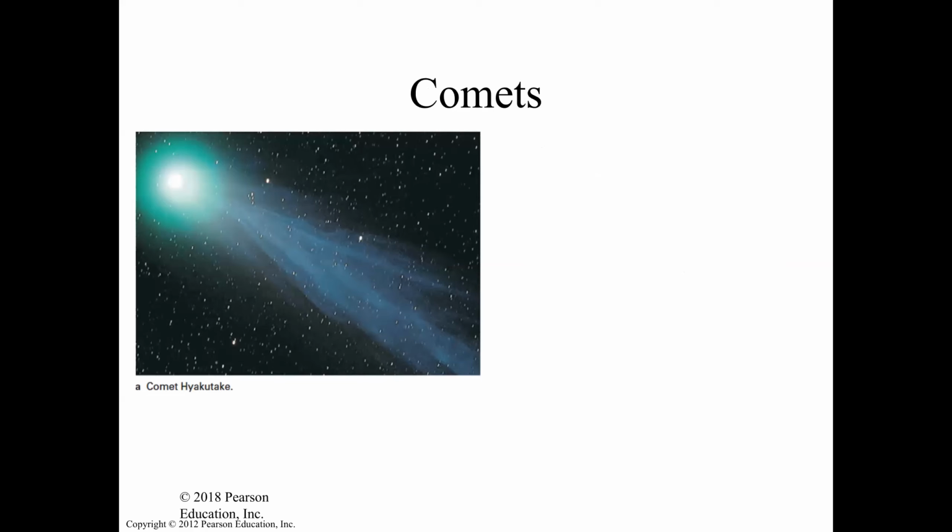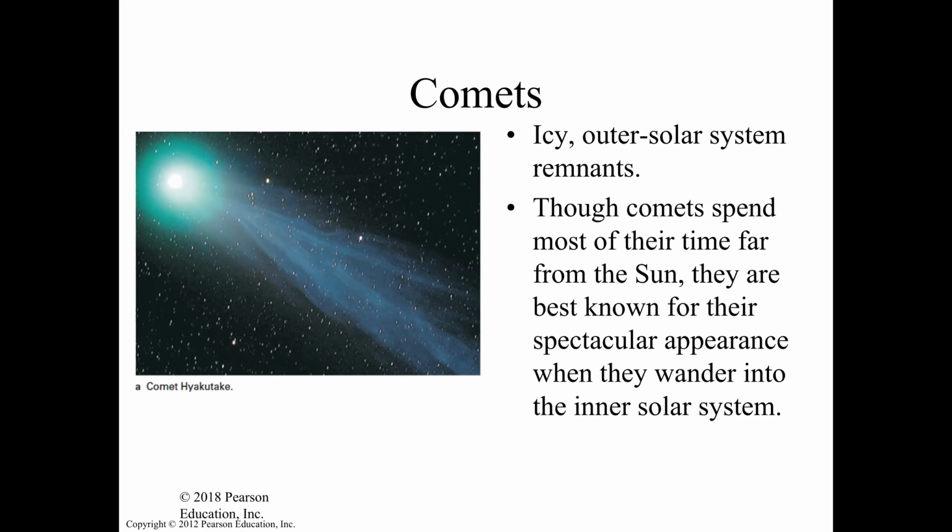Comets, on the other hand, are icy outer solar system remnants that remain from the time of the formation of the solar system 4.6 billion years ago. Now, though comets spend most of their time far from the sun, they are best known for their spectacular appearance when they come to the inner part of solar system. They're mostly ice and some dust materials.